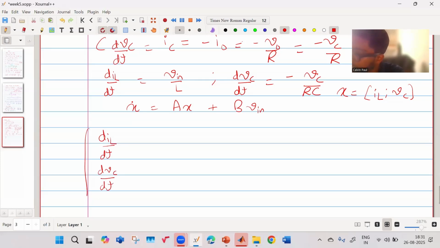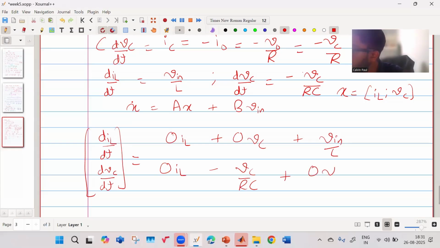If I differentiate, this is like this, right? This is equal to 0 into IL plus 0 into Vc plus Vin upon L, right? And my dVc by dt is equal to 0 into IL minus Vc upon RC plus 0 into Vin, right?